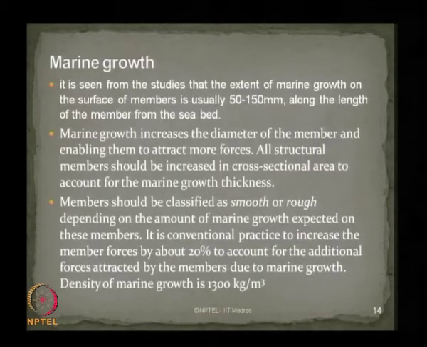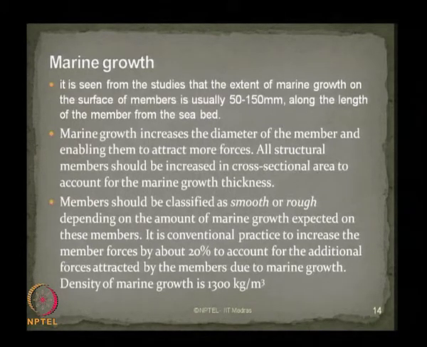So, smooth or rough, depending on the amount of marine growth expected on these members, becomes a very vital parameter to fix the Morrison coefficients, that is drag coefficient and inertia coefficient, which are otherwise used in the force estimates of the member. However, it is a conventional practice to increase the member forces by about 20%, which can account for the additional forces attracted by the members because of marine growth.